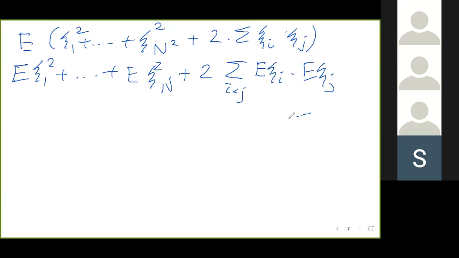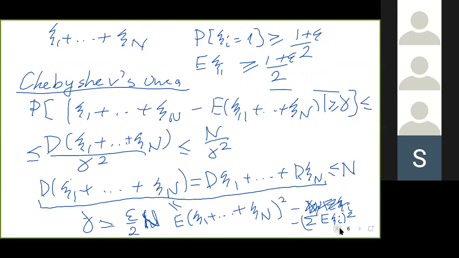And so we obtain from this, so let's see what we had. So this will be equal to the sum of expectations of squares plus 2 times the sum of products of expectations of pairs.